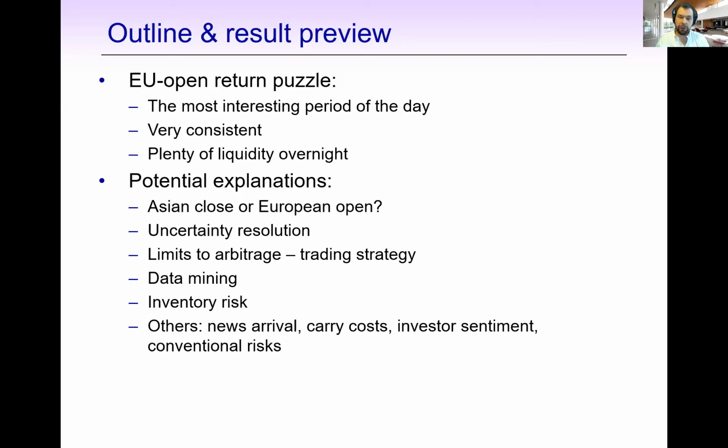That's because the Asian economy is important, but there are relatively few large investors operating in that time zone. So uncertainty accumulates during the Asian period and then gets resolved during EU Open as the first European investors come to the market. So as uncertainty is being resolved, prices increase. This is why we see positive returns during the EU Open period.